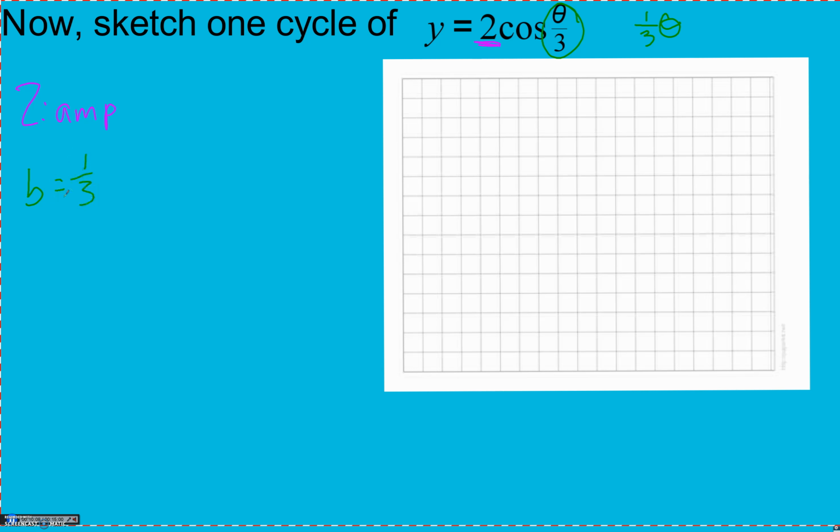Theta over 3 is the same as 1/3 times theta. So our b is 1/3. We use that to find our period. So our period is going to be 2 pi over b. So we take 2 divided by 1/3, or multiply by the reciprocal, and we get 6 pi equals the period of our function.